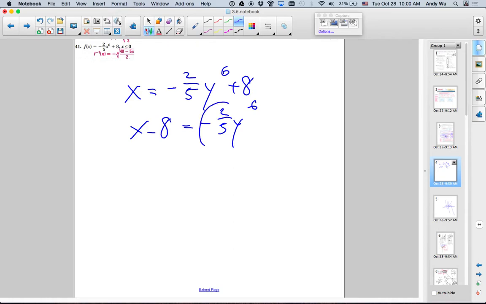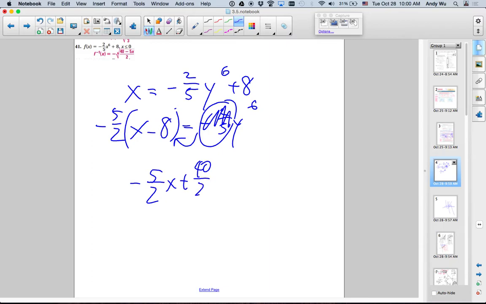So when you multiply this in, you multiply this by 5 over 2. That cancels out. That's negative 5 over 2 x plus 40 over 2 equals y to the 6.